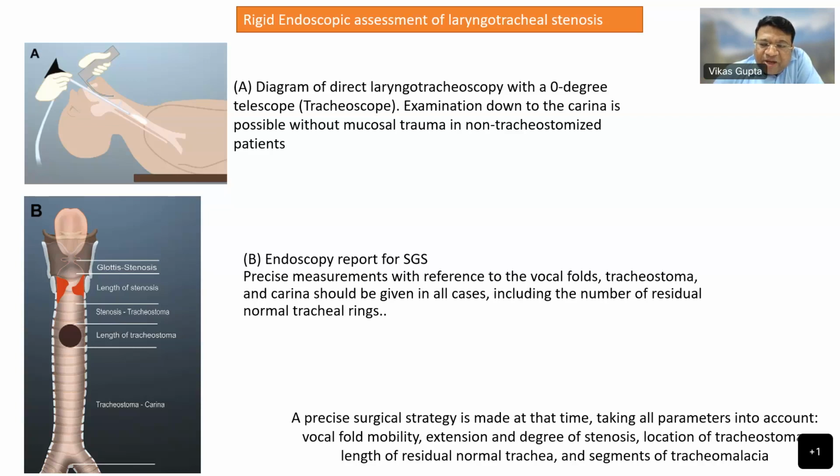Then, if you can pass your telescope through the stenotic segment, measure the length from the start of the stenotic segment to the end of the stenotic segment. The next measurement would be from the end of the stenotic segment to the, just a minute.